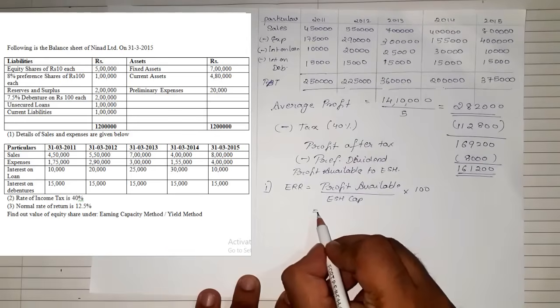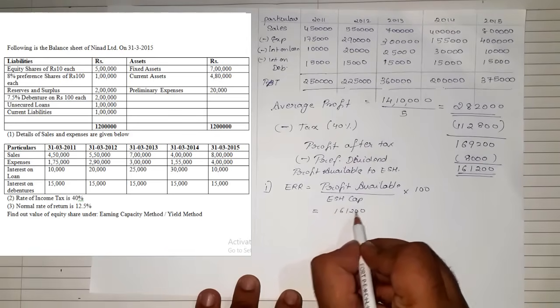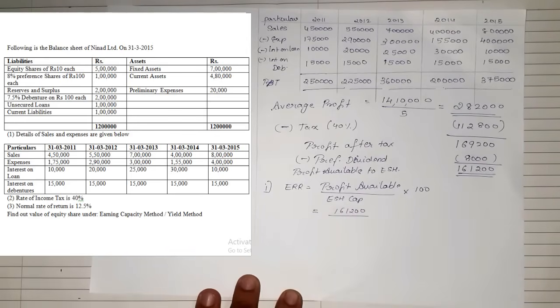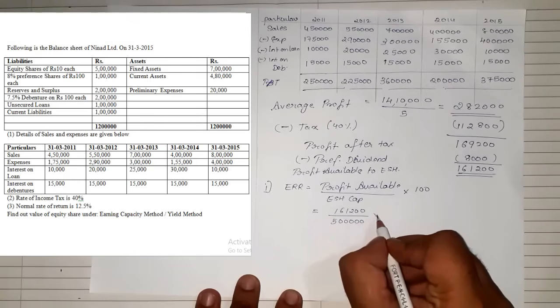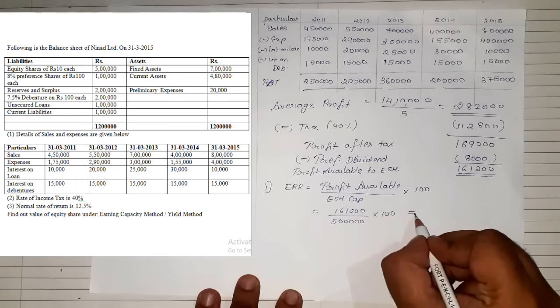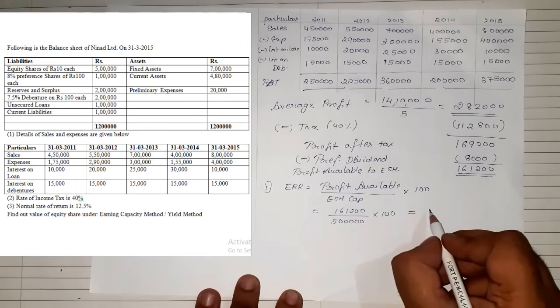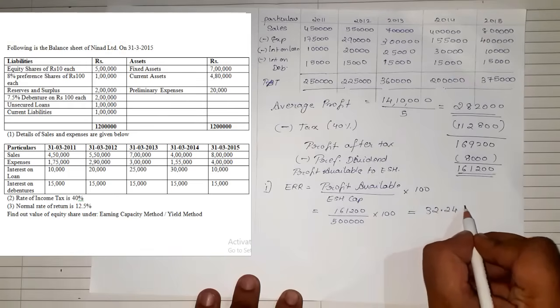The profit available is 1,61,200. Equity share capital given in the question, if you look carefully, is 5 lakhs, into 100. So our expected rate of return is 32.24%.